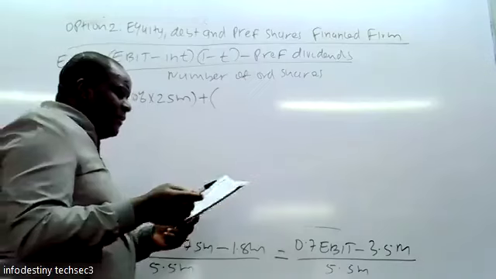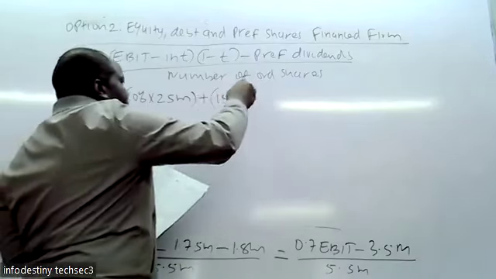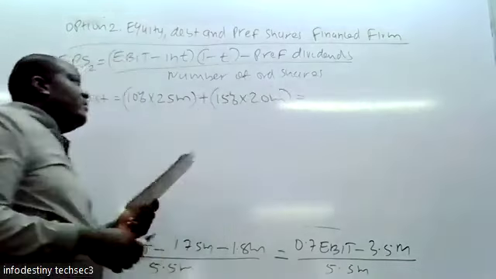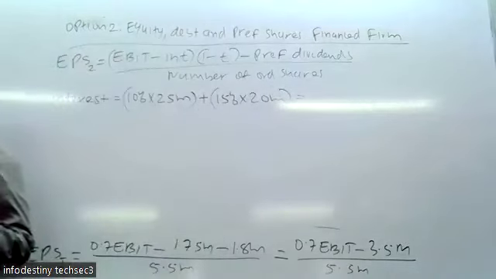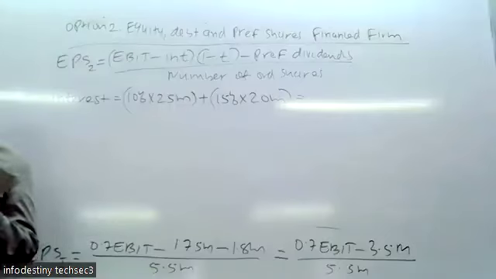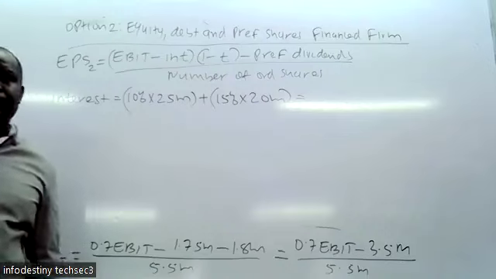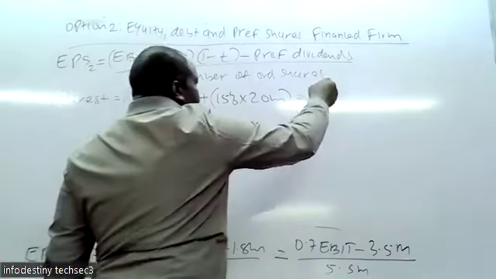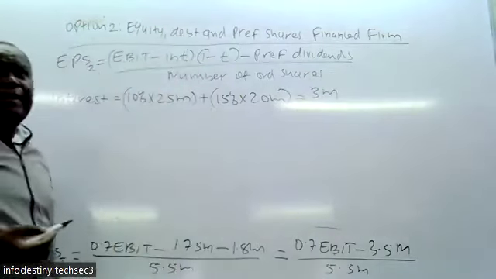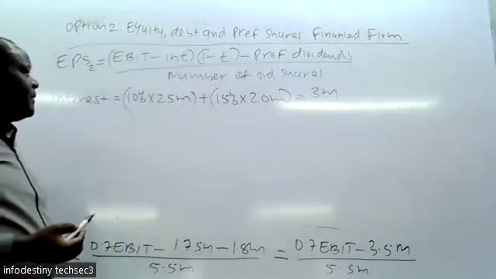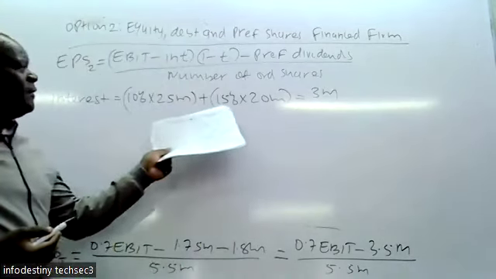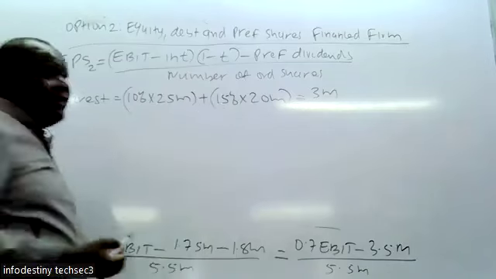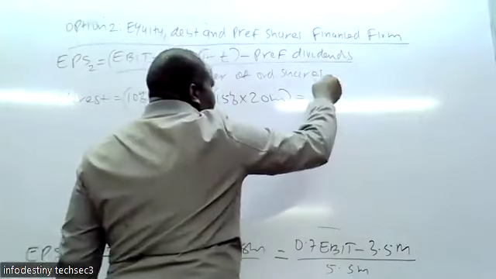The interest rate is 15%, so get 15% of the 20 million, which gives us 3 million. Combined with the 2.5, it is 5.5.